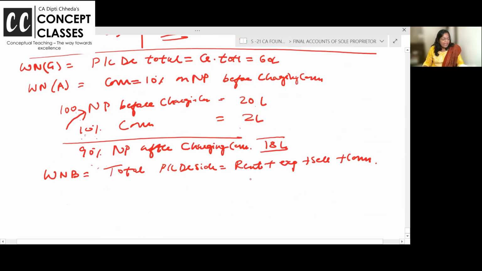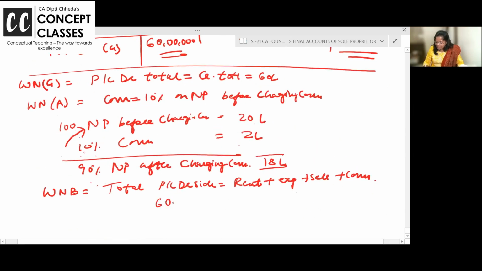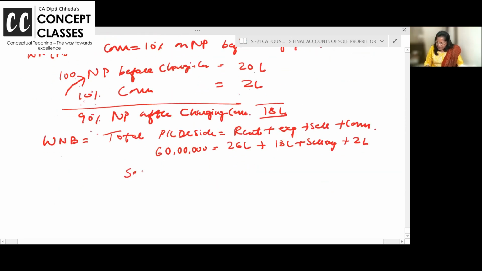So what is the total of the debit side? 60 lakhs. How much is the rent? 26 lakhs. How much is office expense? 13. How much is selling expense? I don't know. How much is commission? 2 lakhs. So can we take selling expenses as the balancing figure? 60 minus 26 minus 13 minus 2, 19 lakhs.